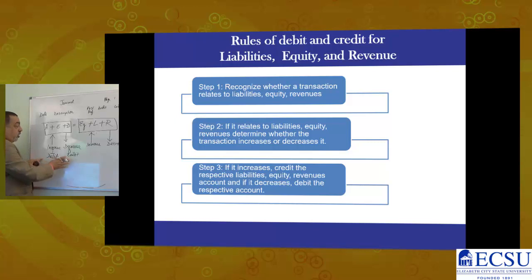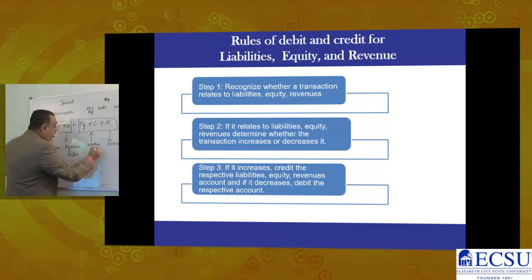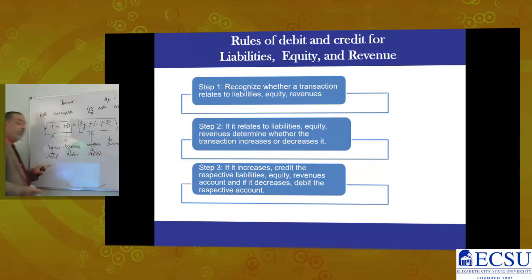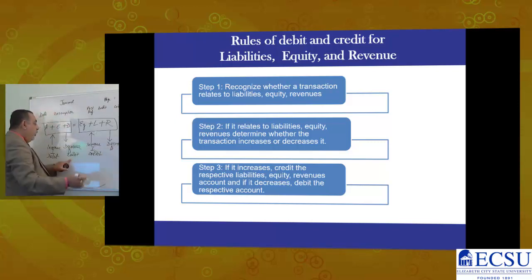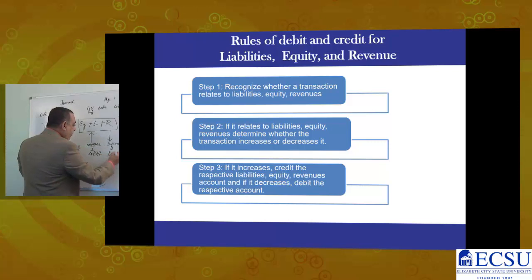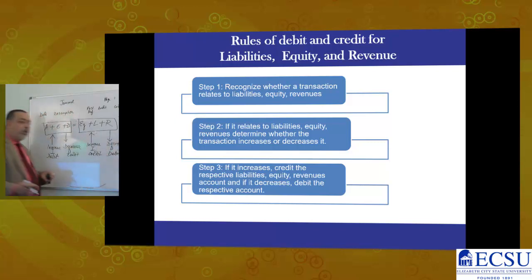Now when it comes to the rule, it is going to be the opposite. Increase on the left hand side was a debit. Now increase on the right hand side will be a credit, because it has to be opposite. And then the decrease will be a debit.